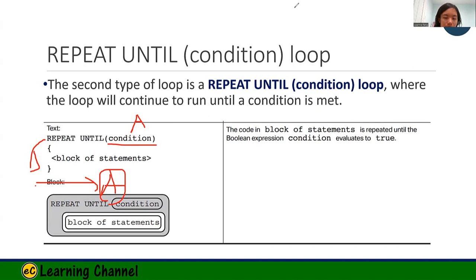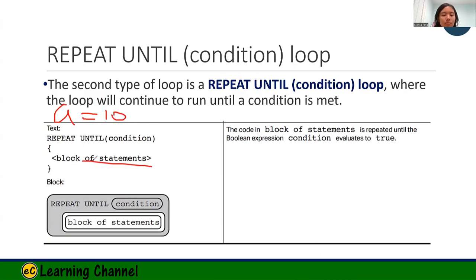Okay. For example, let's assume you have A equals 10 right here, and then inside here you have A decrease. And then your condition is repeat until A less than 5.